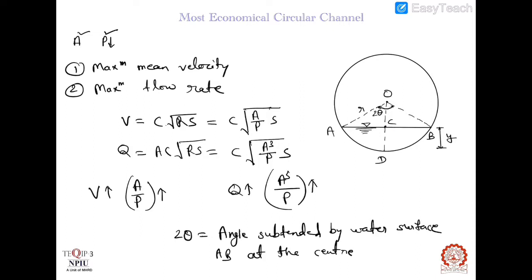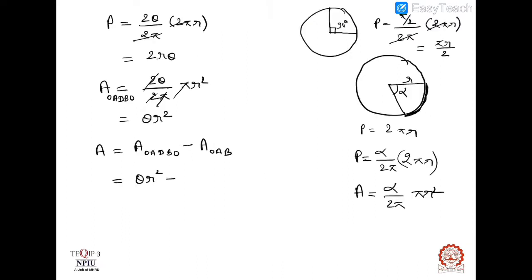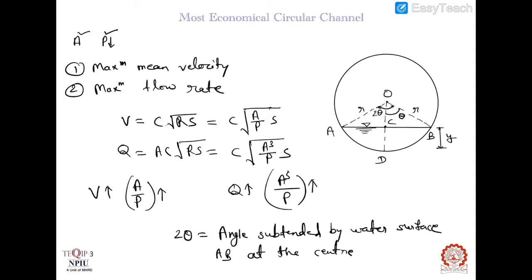And what is OC? OC in terms of R, this is also R, and angle COB is theta. So in triangle OCB, cos theta is OC divided by OB.